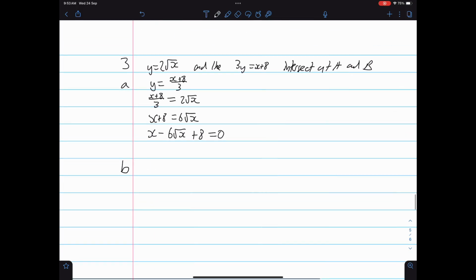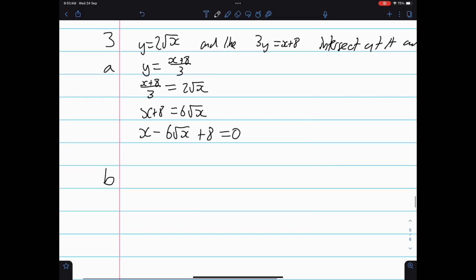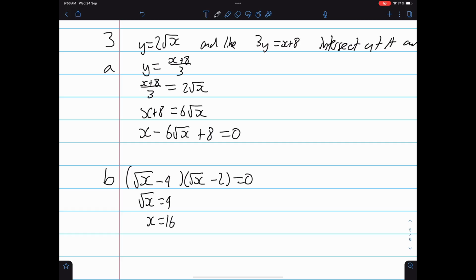And B, we need to solve that equation and then find the coordinates of A and B. Just factor this out. Root x equals 4, x equals 16, root x equals 2, x equals 4.